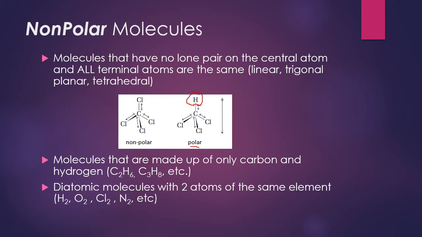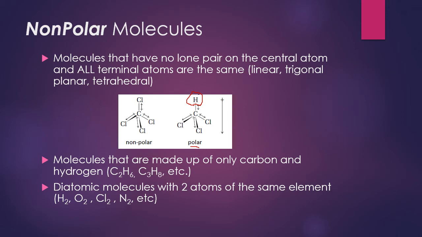So molecules that are made up of only carbon and hydrogen are always going to be nonpolar. So what that means is if you only have carbon and hydrogen present, no other elements, so if you throw in an oxygen or a nitrogen or anything else, this doesn't apply anymore. But if it's just hydrogen and carbon, it's going to be a nonpolar molecule.